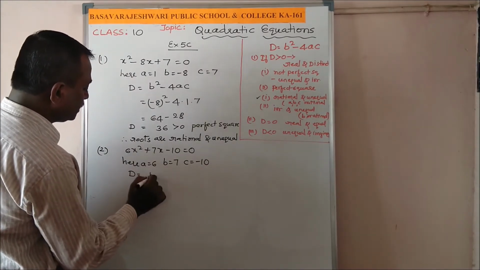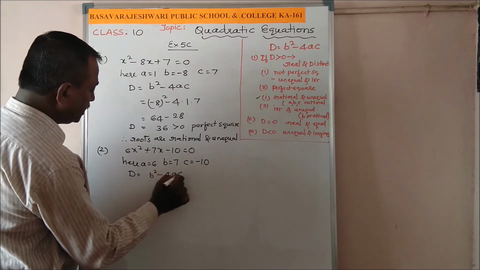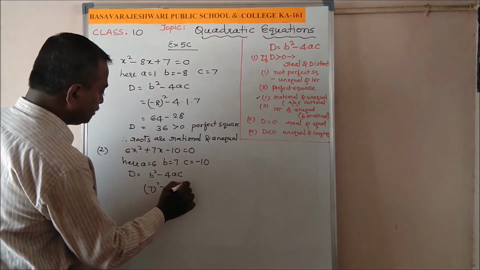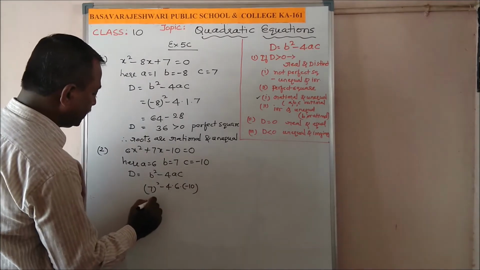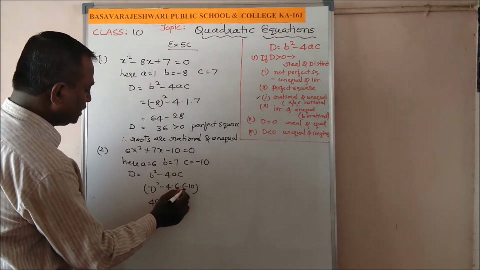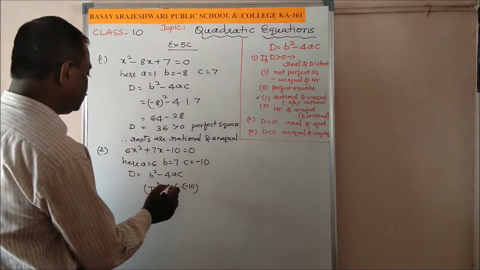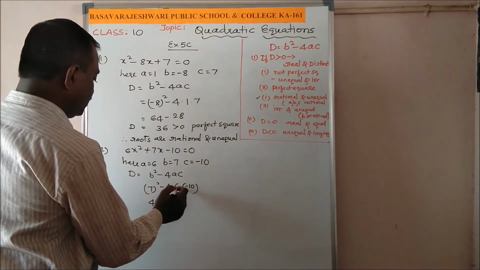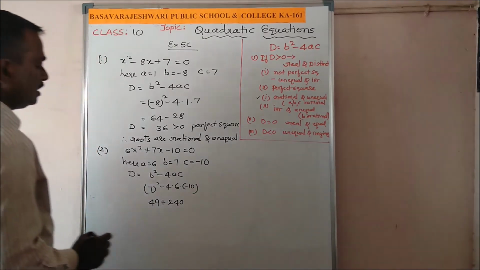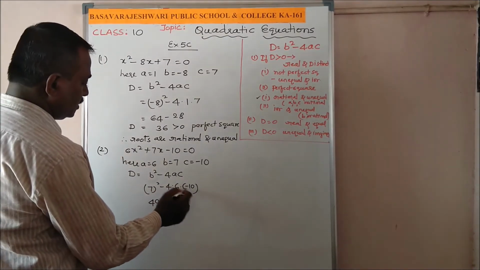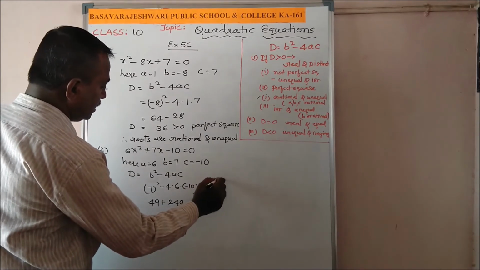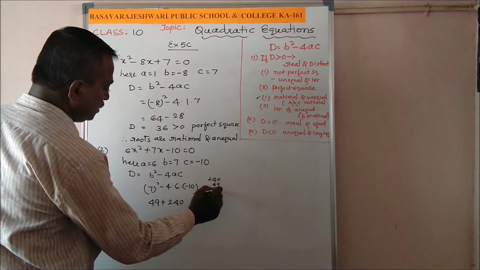Discriminant is b square minus 4ac. b means 7 square minus 4 into 6 into minus 10. 49 minus into minus plus 60 into 4, 240. Correct? 6 4 is 24, 24 into 10, 240. 240 plus 49 is equal to 289.